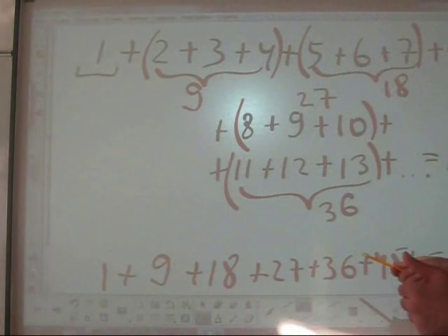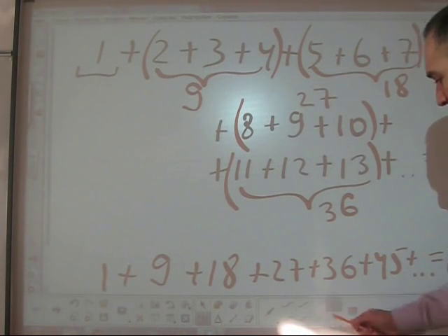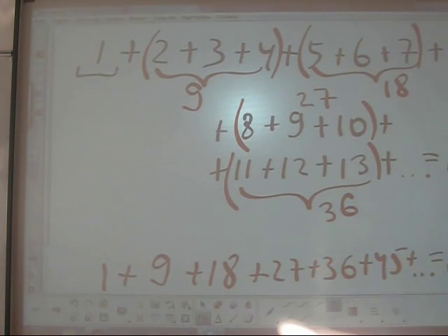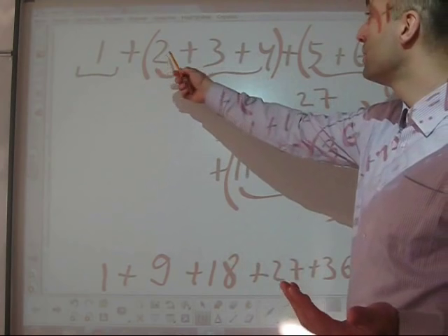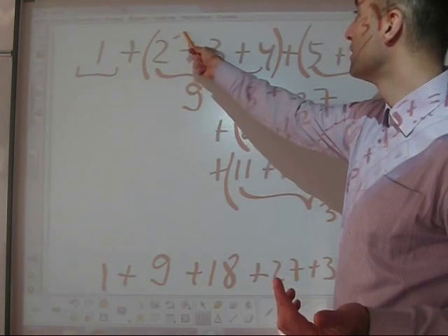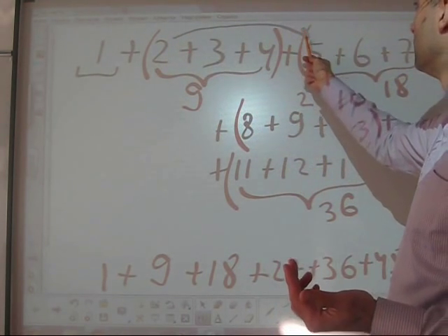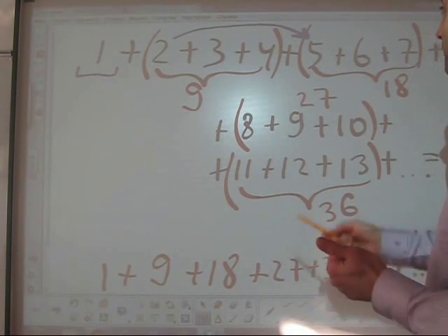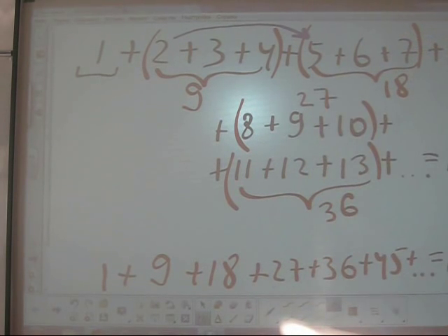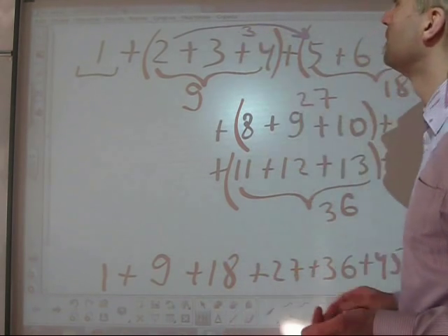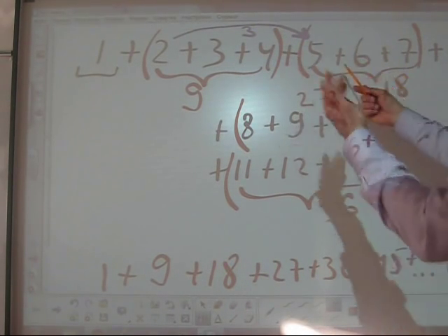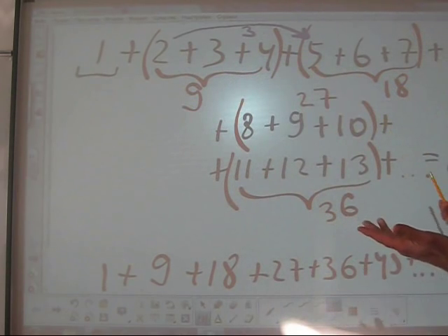Now, why we have a right to express it like this is because every number is lower than the same number from the next group, and the difference between them is 3.